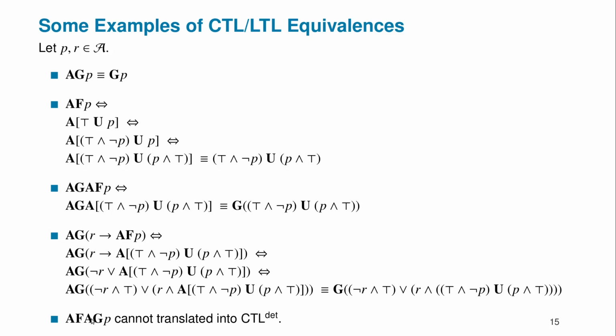And therefore this is consistent with the result we have seen before, where we showed by finding a counterexample, a Kripke structure, that AFAGP is not equivalent to FGP. And therefore we cannot transform this formula to a CTL-det formula.